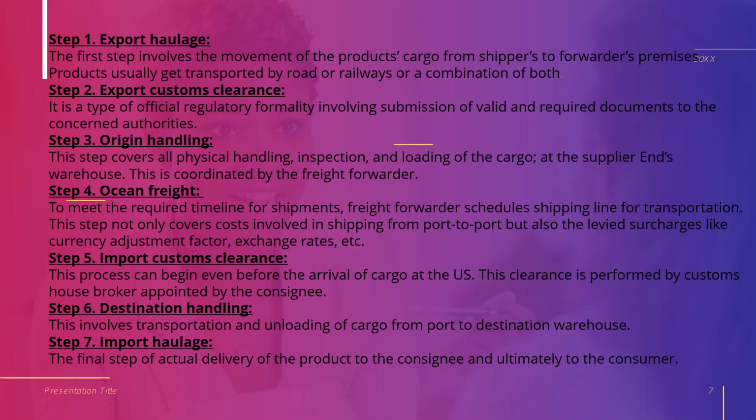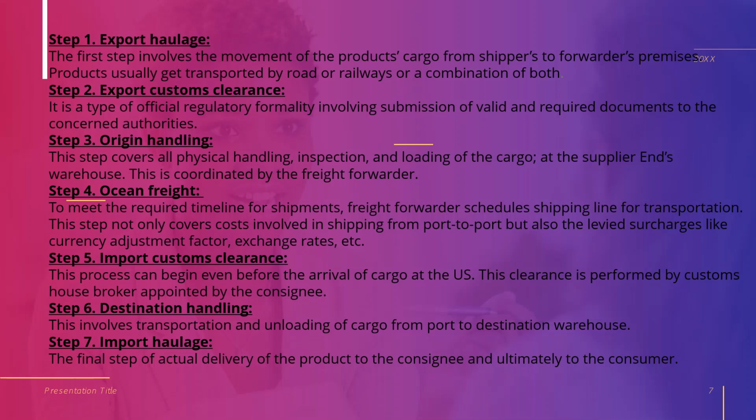They need to know what the material is, then only will they allow us to import or export the product. It's a type of official regulatory formality involving submission of valid and required documents to the concerned authorities. It may include the country of origin, bill of lading, invoice, everything, and the packing list should be there.